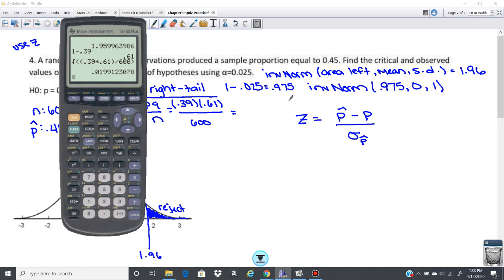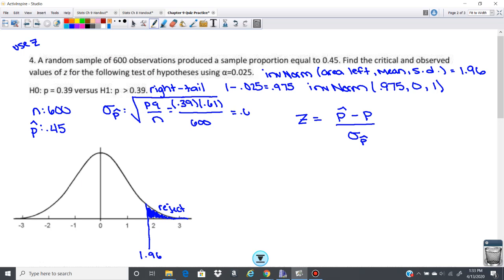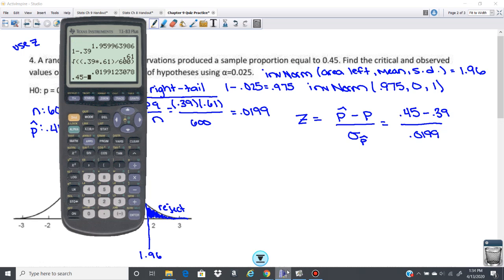So we get 0.0199. Let's go ahead and plug that in. This is our denominator. Our p hat is 0.45 and our p is 0.39. So 0.45 minus 0.39 divided by 0.0199 gives us 3.015.